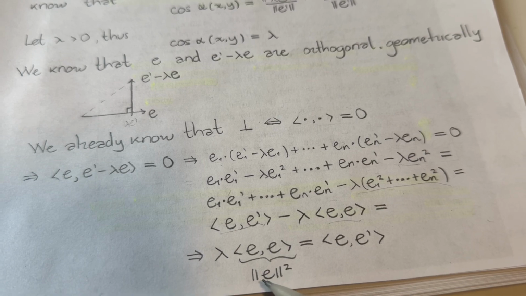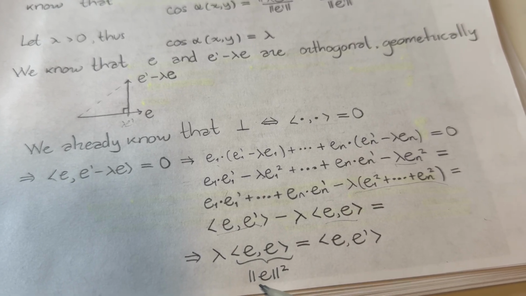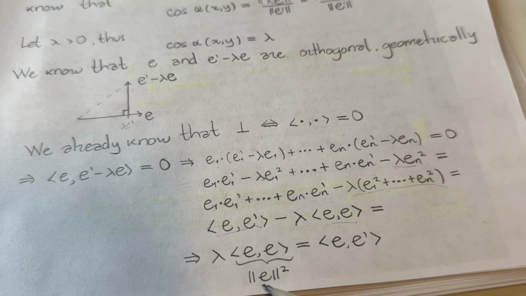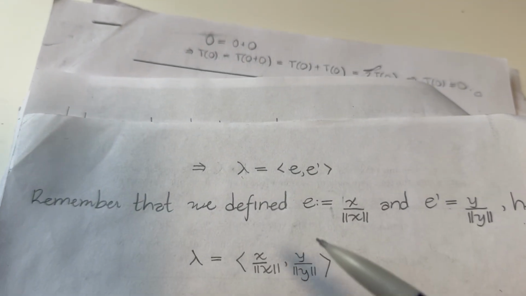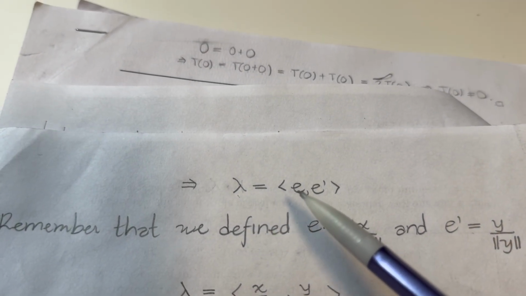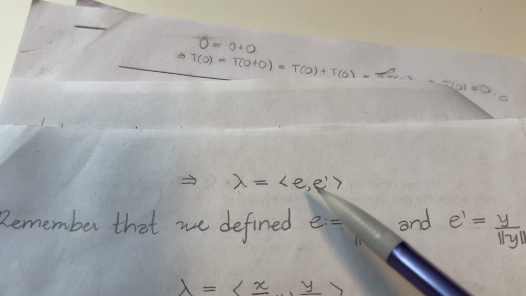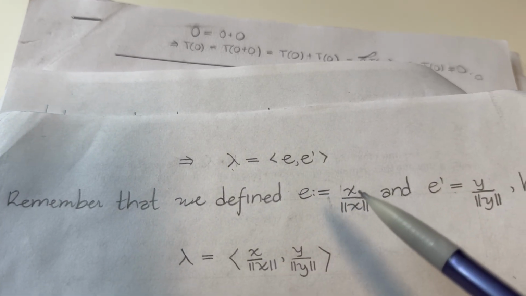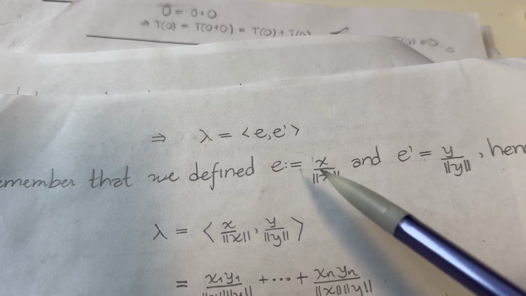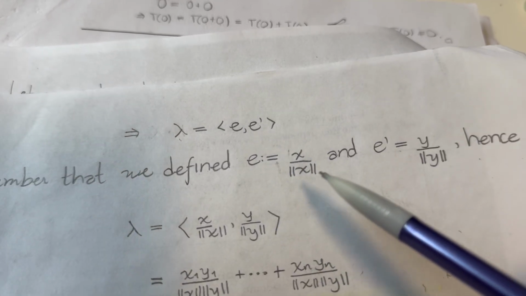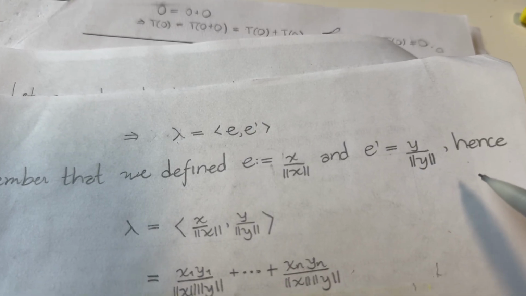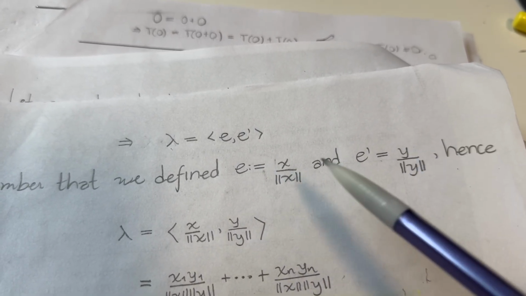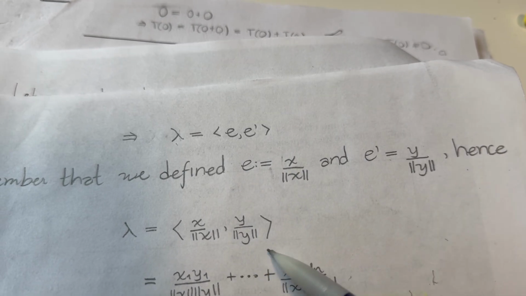And since E is a unitary vector, the magnitude is 1, so the magnitude squared is 1 as well. So we have that lambda is equal to the inner product between E and E prime. But remember that we have defined E to be x over the magnitude of x and E prime to be y over the magnitude of y. Hence, if we replace this here, we get this.